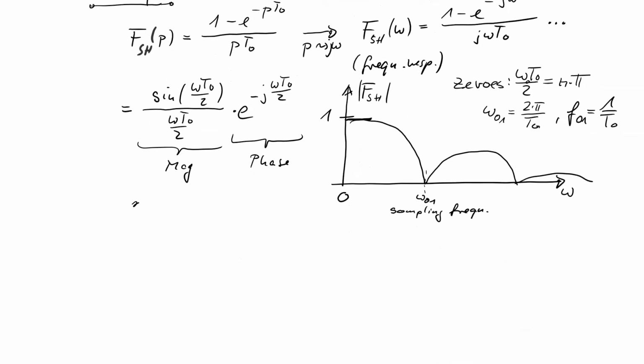Now have a look at the phase curve. The phase of sample and hold: the e to the power of j factor is a phasor of a complex number. If you compare with a delay, you will see what the result is.